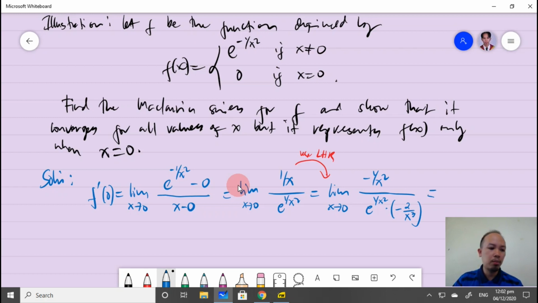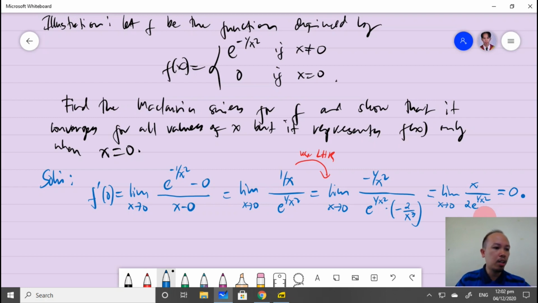After simplifying, you will get x over 2e to the 1 over x squared as x approaches 0. So this is 0.